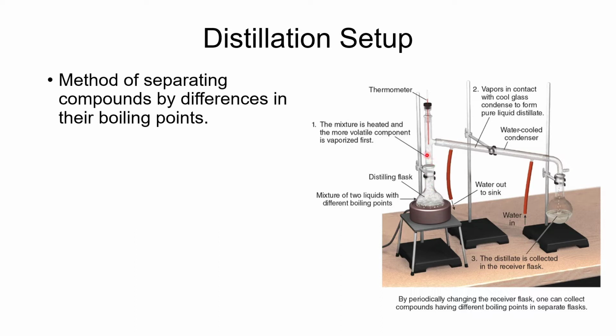So they will go up the distillation column a little bit more easily than the ones that have the higher boiling point. And once they hit this bend, there's cool water that runs through this condenser. And so that substance will turn from a gas back into the liquid phase, and it will start dripping down.